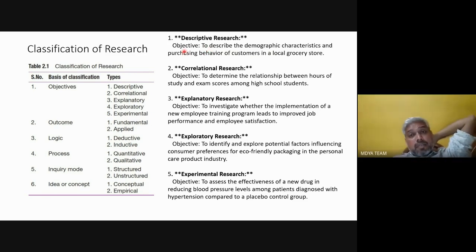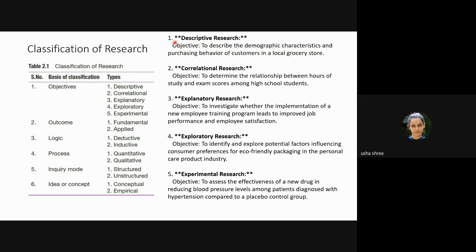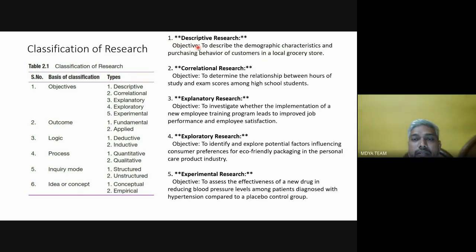See, when you have an objective, like you want to describe the demographic characteristics and purchasing behavior of customers in a local grocery store, right? So for that you have an objective.